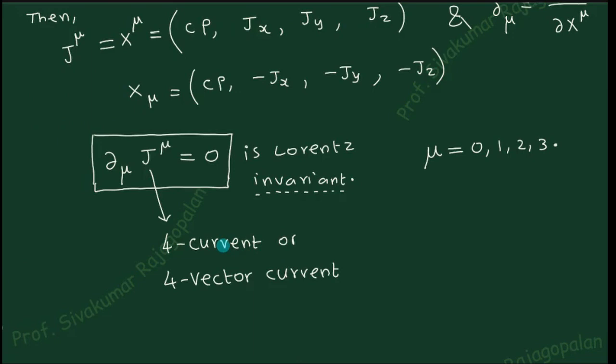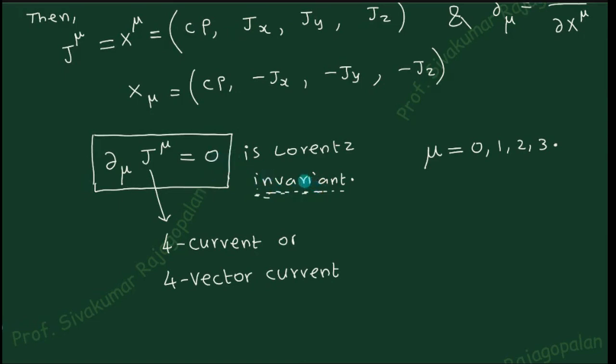Invariant means if a particular physical system is charge conserved in one frame of reference, then in another frame of reference also charge is conserved. So charge conservation is guaranteed in all frames of reference. That is the conclusion we get because of the scalar 0 coming into the right hand side.